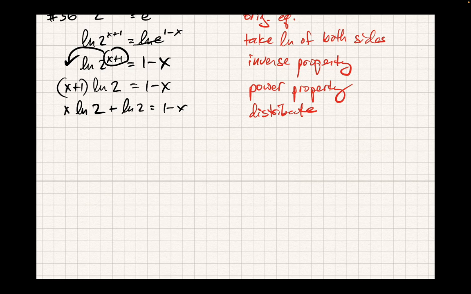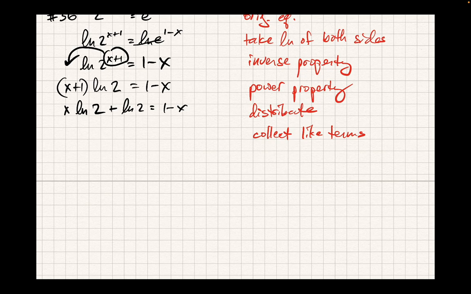Now my next strategy is I'm going to collect like terms. What does it look like when I collect like terms? What does like terms mean? Things that are the same? Yes, that's literally what it means, but what like terms am I interested in here? x and ln 2?